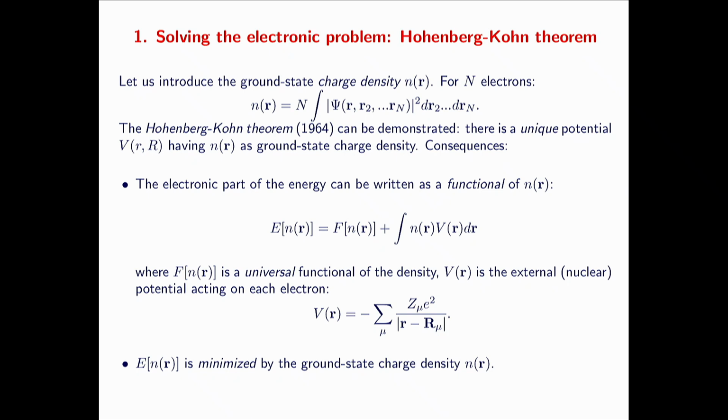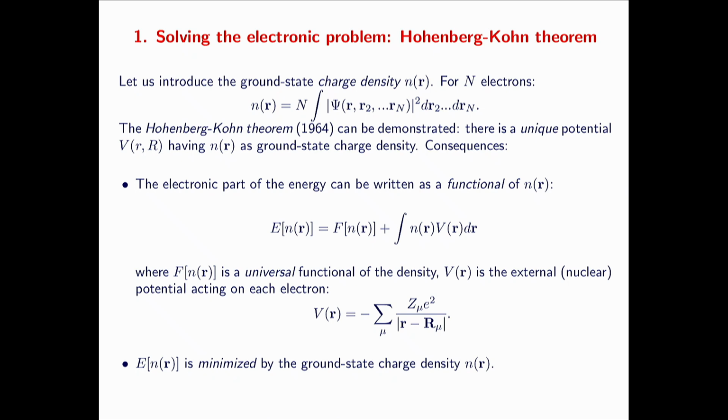Now, this has some far-reaching consequences. For instance, you may easily show that you can write the electronic energy as a functional of the charge density. So a functional is a sort of generalization of the idea of a function. A function associates a value to another value. A functional associates a function to a value.